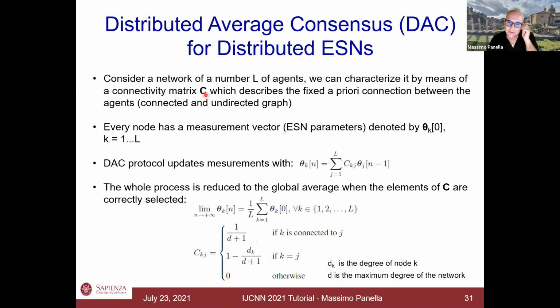C is a matrix representing the connectivity, the topology of the connections of the neighbors, which means that if the element C_ij is different from 0, there is a link between two nodes, and 0 otherwise. There is a very popular DAC protocol that is able to achieve convergence to the average of the parameters of the whole network of nodes. So all nodes will estimate the same readout, leaving the reservoir part, the dynamical part, locally.